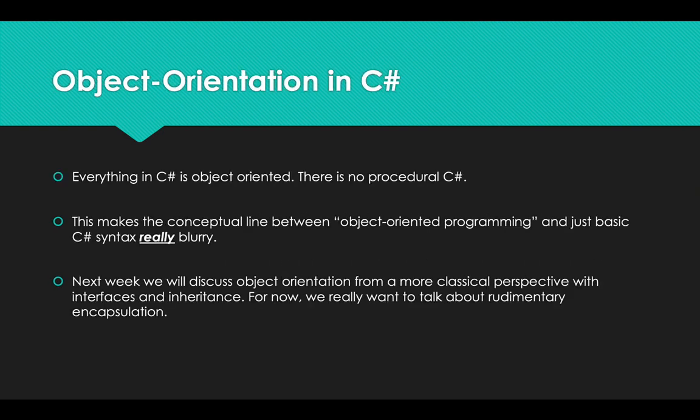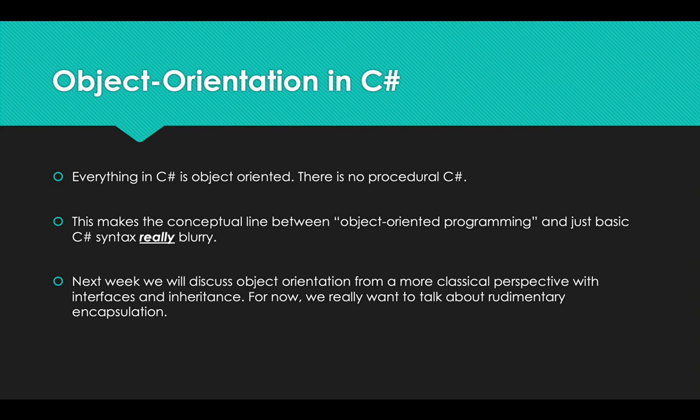So object orientation in C# is really inextricably linked to the language's syntax just in general. We can't really draw a good line between what an object-oriented program in C# is from just standard language syntax. There is no such thing as procedural C#.